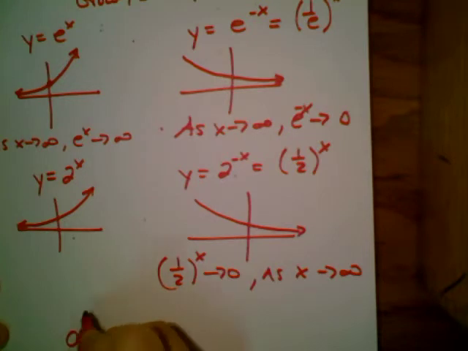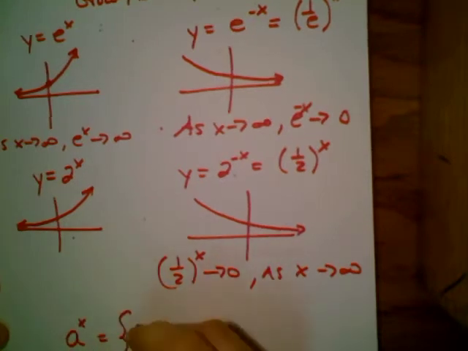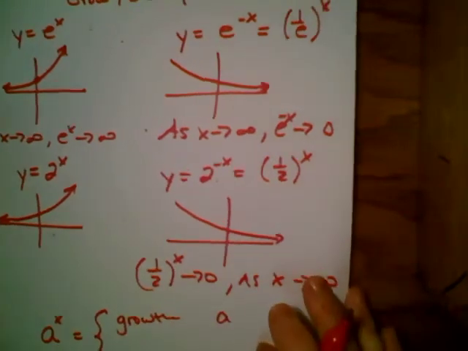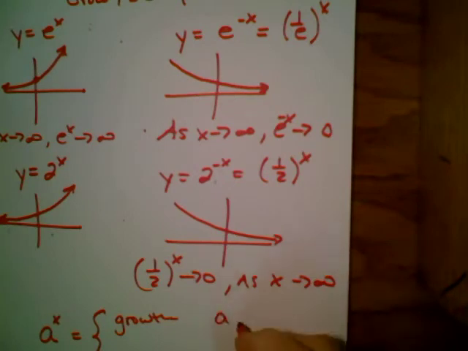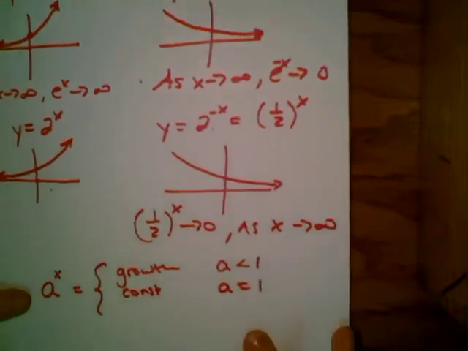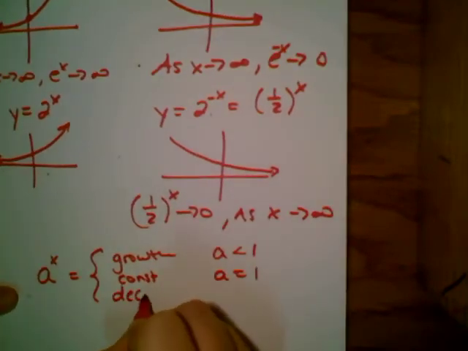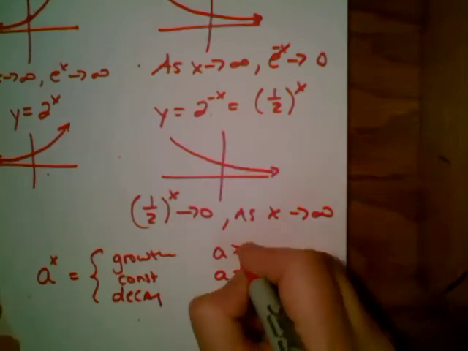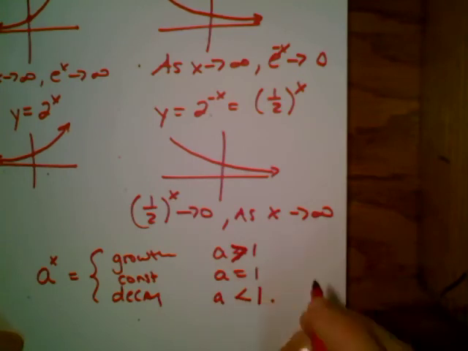So if we have a to the x, when we usually let a be positive, we're going to have a growth function if a is greater than 1. We have a constant function if a equals 1, and we have a decay function if a is less than 1. I have this backwards, don't I? This will be greater than, this will be less than.